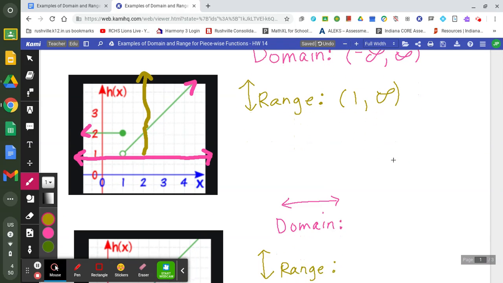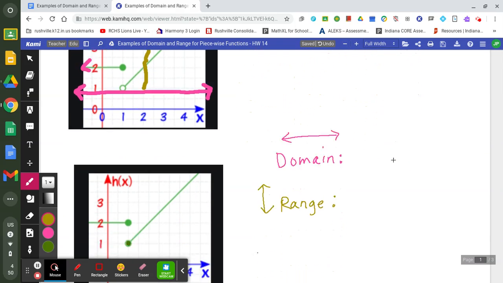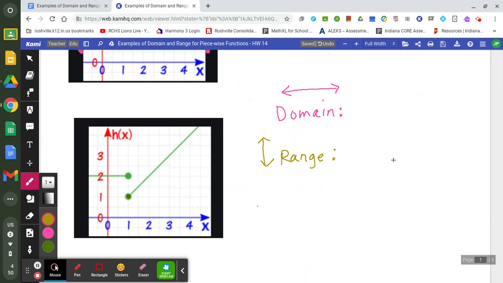So then our next graph looks very similar, but both of them have closed dots. So again, the domain, we start over here, and all of the numbers on the x-axis are represented because this goes forever this way and this goes forever this way.